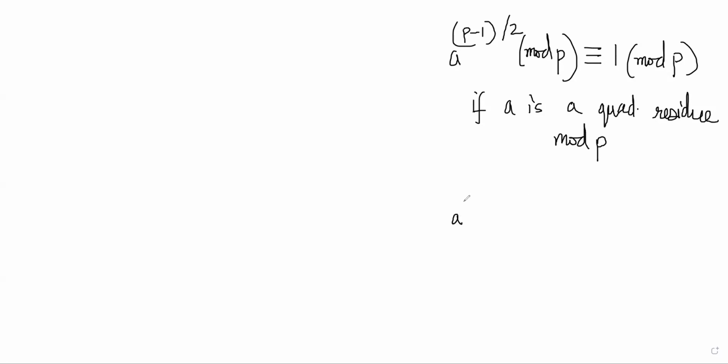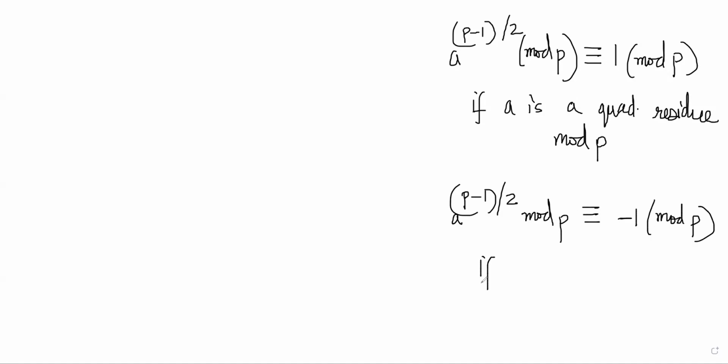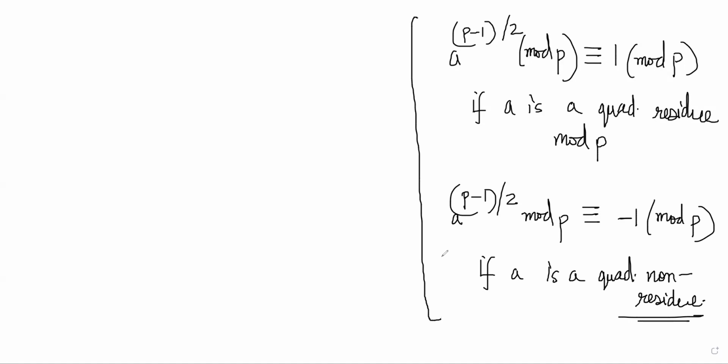And similarly, a power p minus 1 by 2 mod p is congruent to minus 1 mod p if a is a quadratic non-residue. Let's take another example and try to set it on a firmer footing. This is my conjecture right now. This is a statement that we are hoping is true, right?